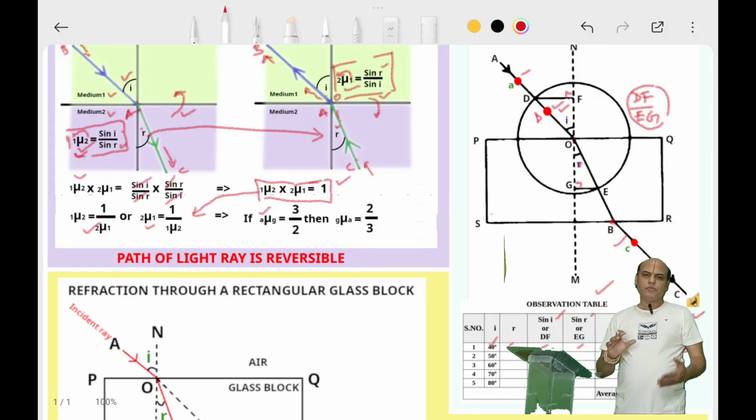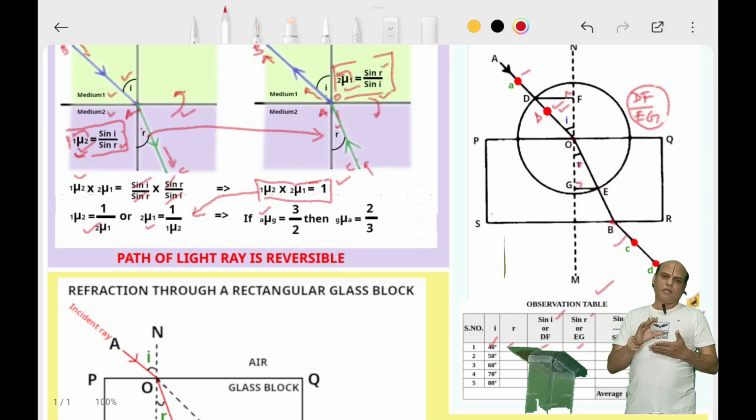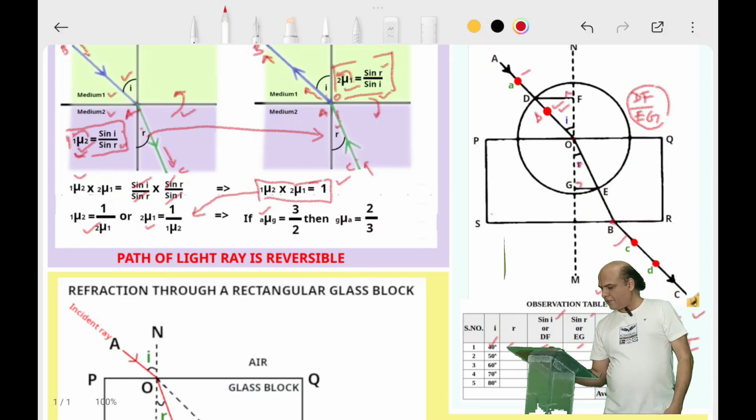Either you use the trigonometric tables to find the ratio of sin i by sin r, or you can draw a circle with O as center, which cuts the refracted ray at E and the incident ray at D. Then at D, draw a horizontal line parallel to the boundary PQ and draw another line at point E, which is again parallel to PQ.